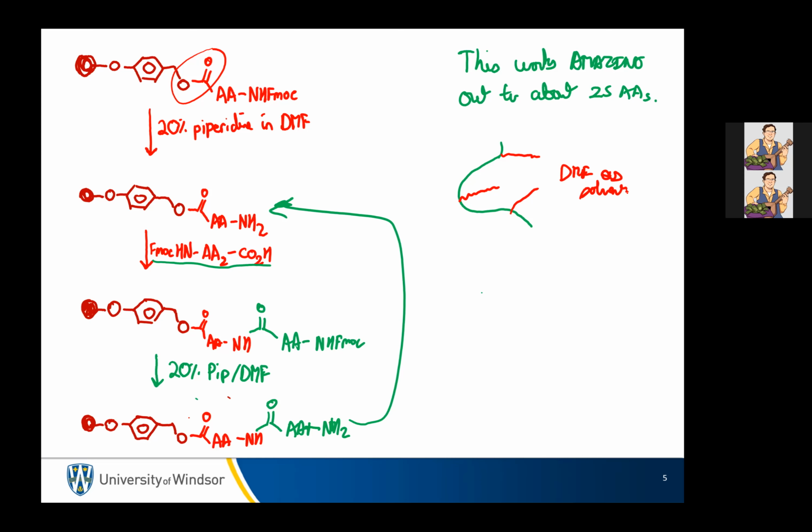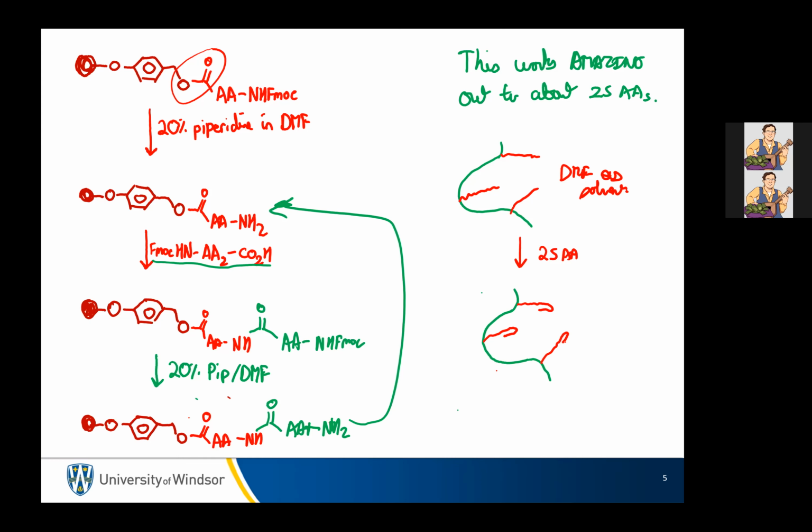So the problem is at about 25 amino acids, if we have more or less the same thing, what we're going to start seeing is all the peptides start playing football and sort of do hook plays, and they start folding back on themselves.